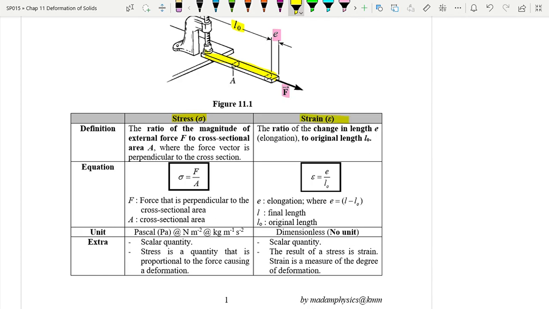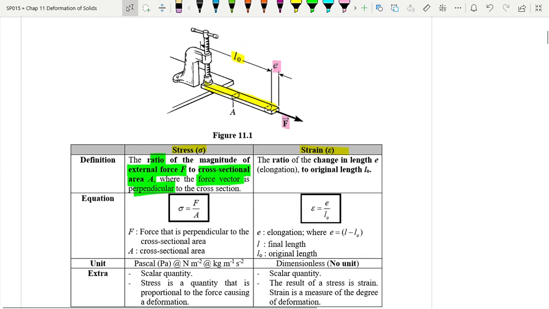In terms of definition, stress is the ratio of the magnitude of external force to cross-sectional area, where the force vector should be perpendicular to the cross-section. If you look at the diagram above, you can see the force here, and the area.